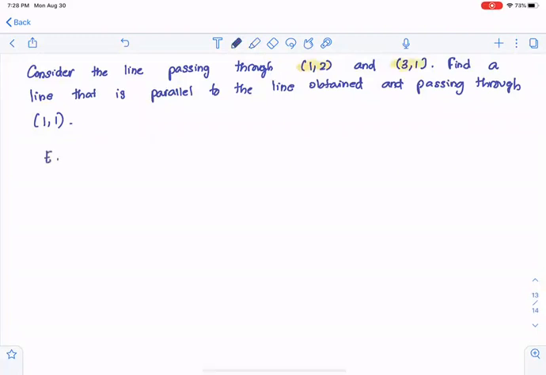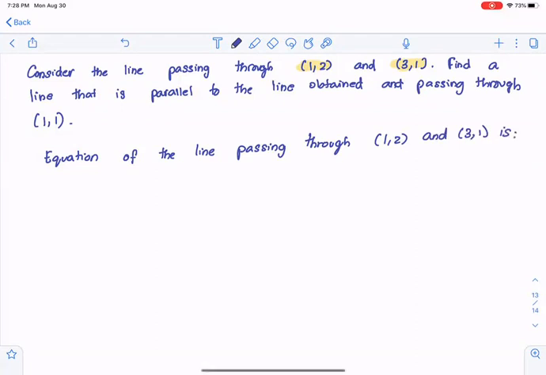So the equation of the line passing through (1, 2) and (3, 1) is, well, let's just find it using slope-intercept form.